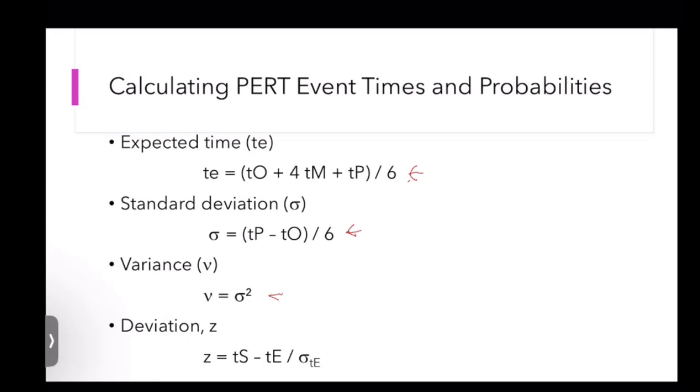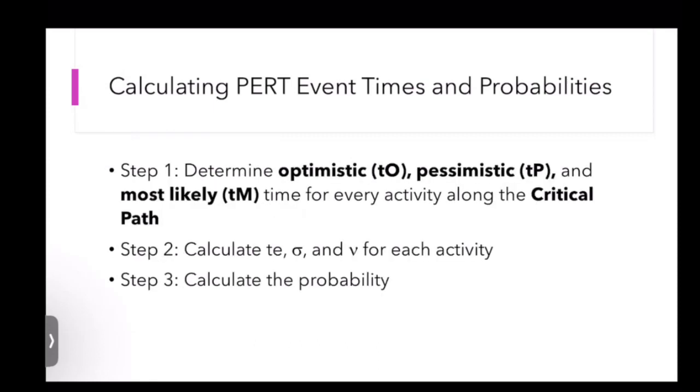Okay, basically, there are three main steps when determining the PERT estimate. First, we have to determine the optimistic time, pessimistic time, and the most likely time for every activity along the critical path.